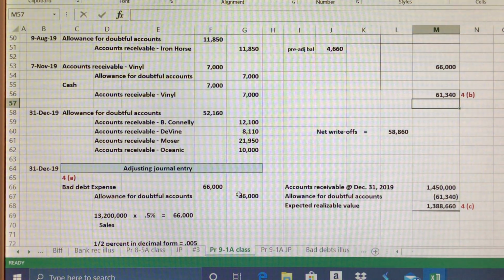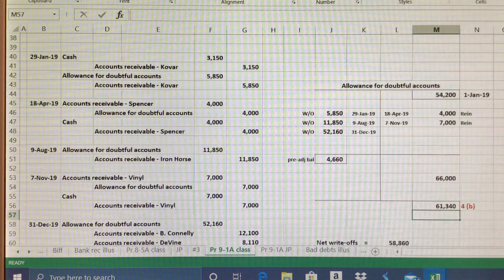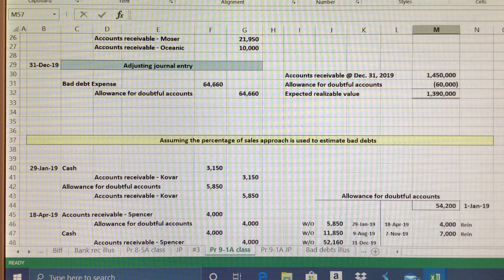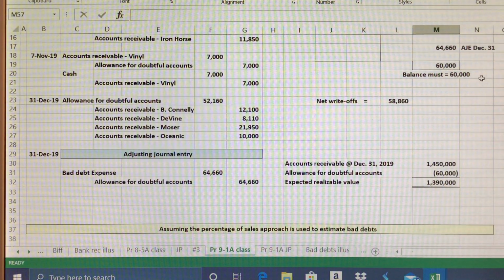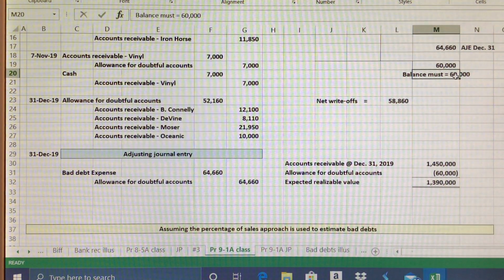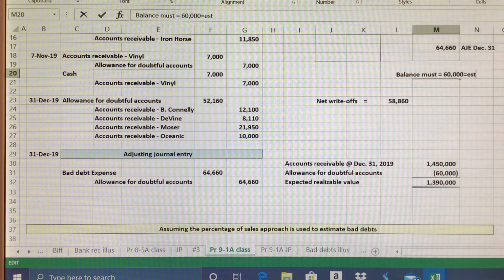What was different was in the last estimation, we made the balance in the account equal to the estimate. That's if you're using the aging method, so-called balance sheet approach.